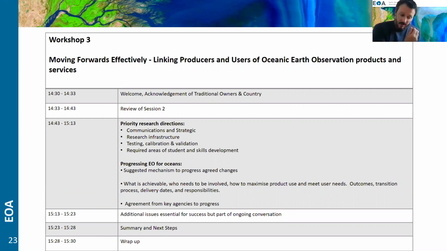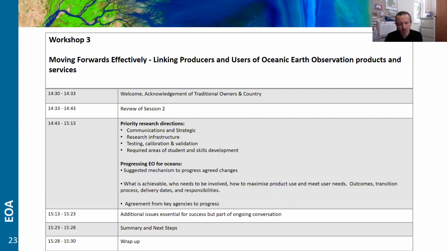But in terms of the mechanism, should we be pushing for a dedicated Earth observation, calibration, validation NCRIS facility, or do we try to strengthen what's in existing facilities? I don't know the answer, so I'm interested in everyone's thoughts.